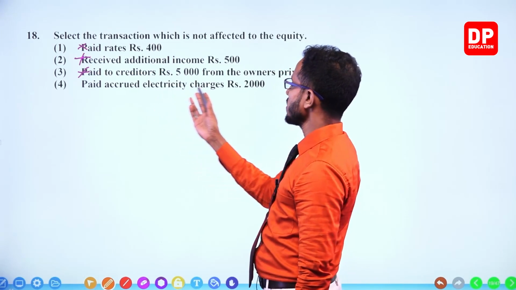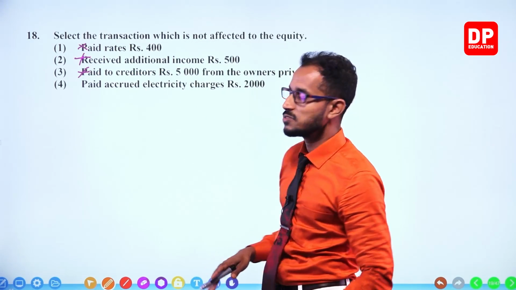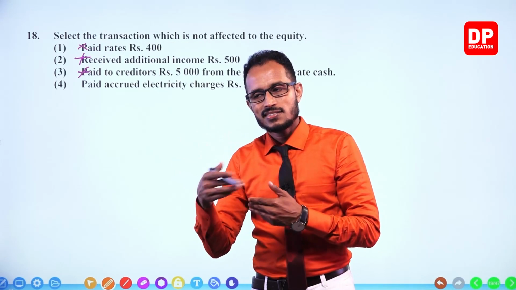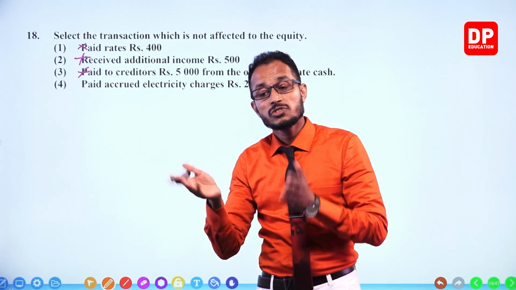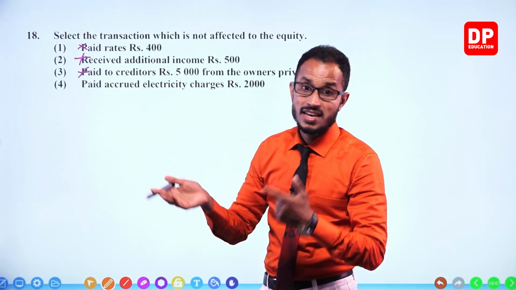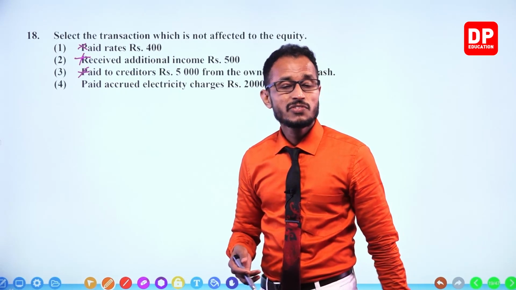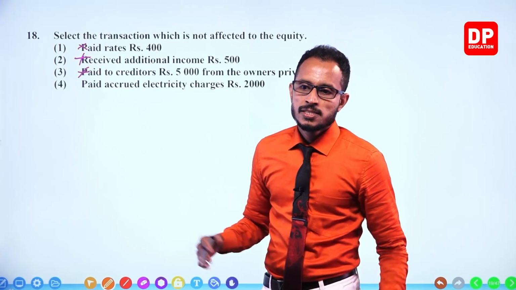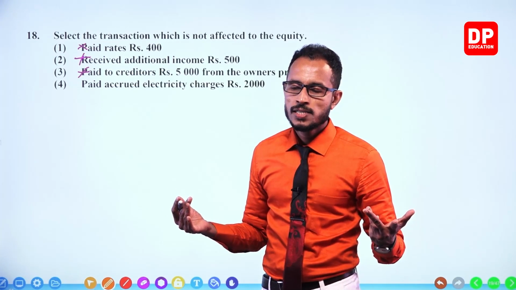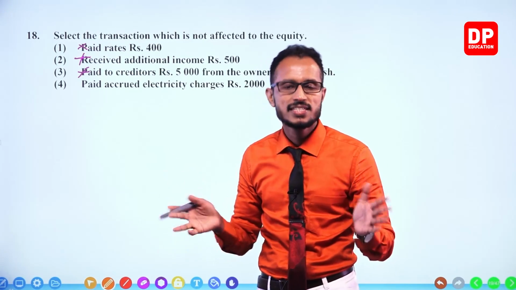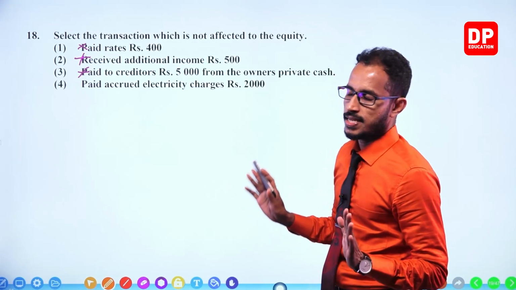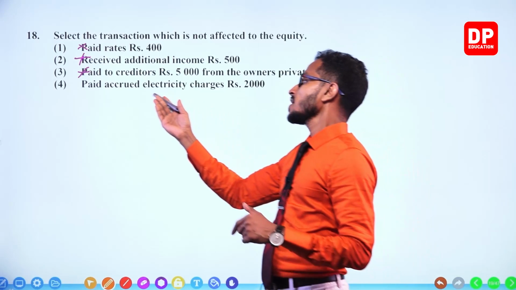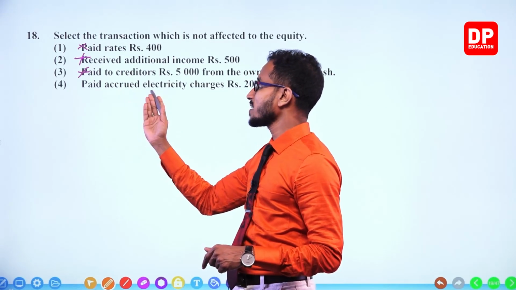Paid accrued electricity charges 2,000. Accrued electricity charges means electricity expenses, but a part of the expense which was not paid. Now it is paid. It's a decrease of a liability. It's not an expense. The expense is already there. In the fourth answer, it's not given as electricity expense. It is given as paying accrued electricity.